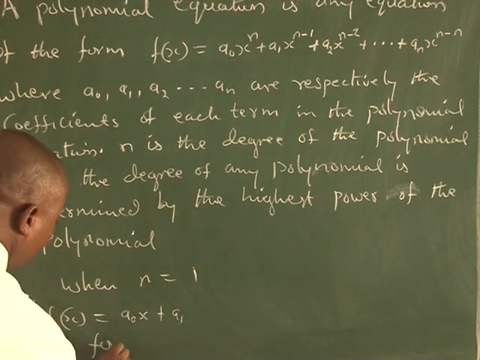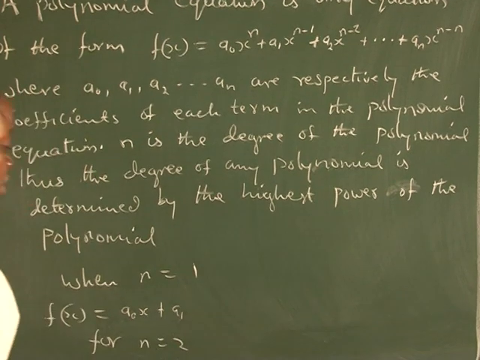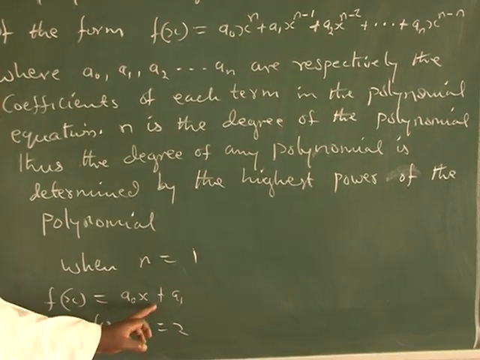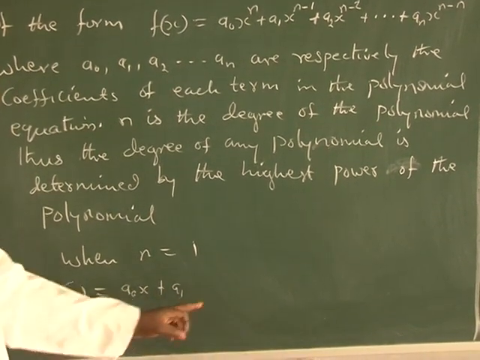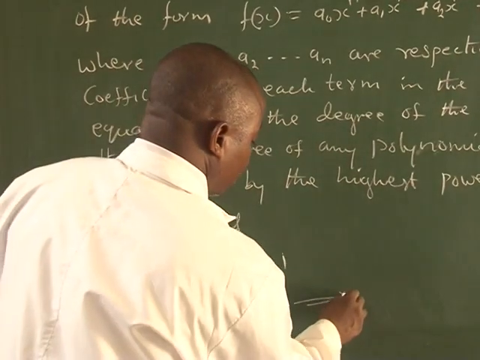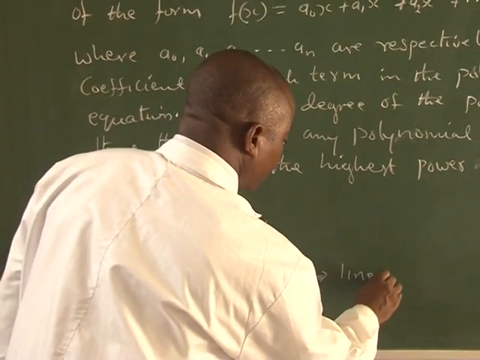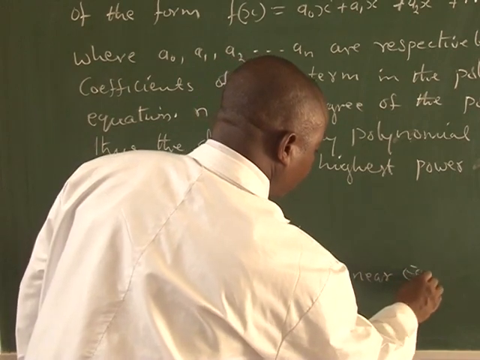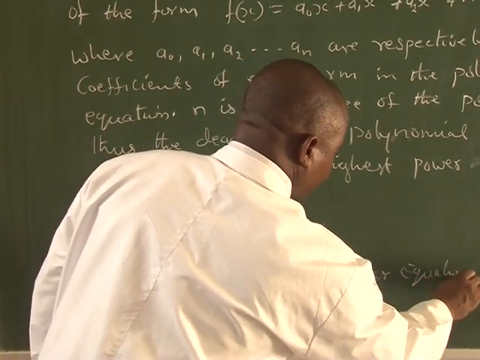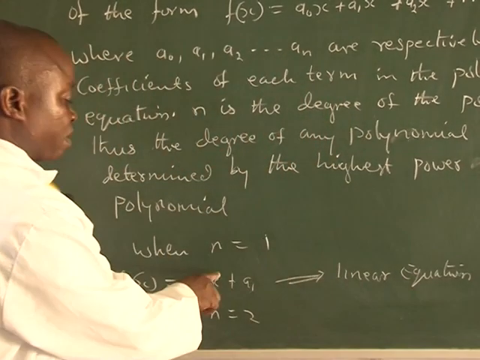Okay. For n equals 1, we'll now call it linear equation. This is called linear equation, when we have a polynomial where the highest power is 1.